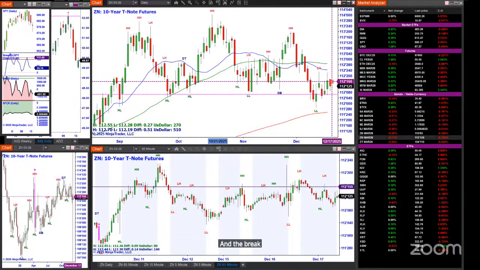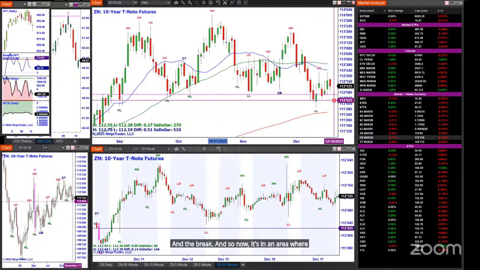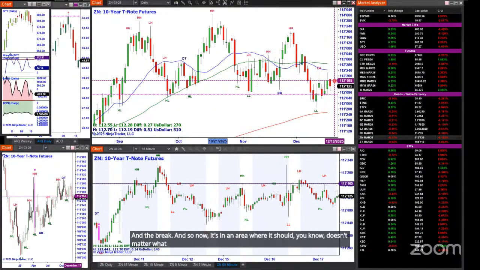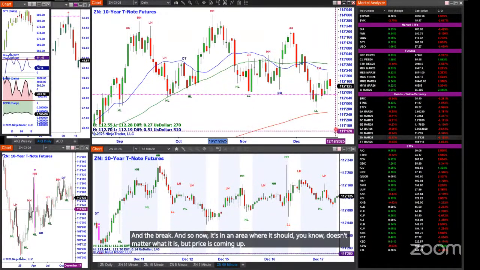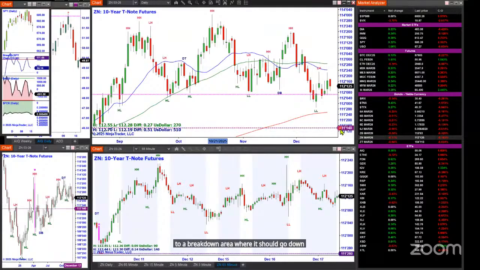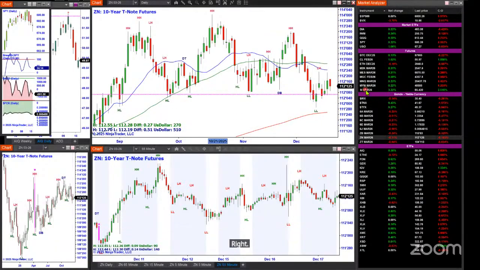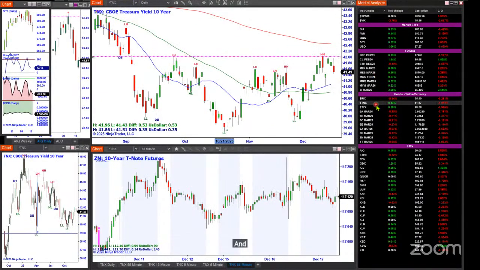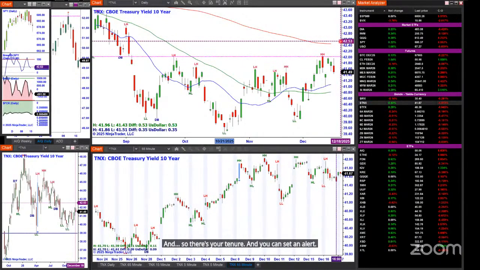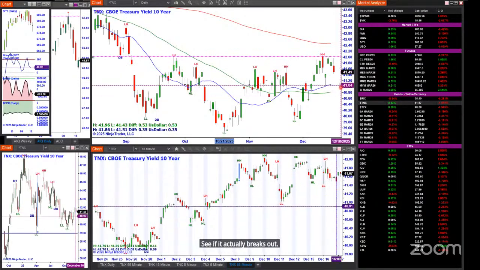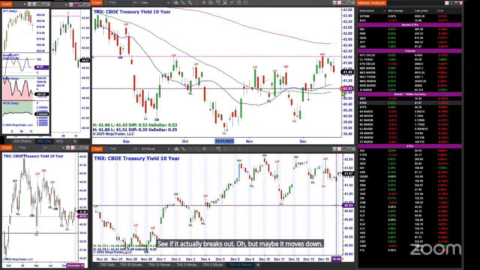And so now it's in an area where price is coming up to a breakdown area where it should go down. And if it does, the inverse relationship is that interest rates will go up. And so there's your 10-year, and you can set an alert and see if it actually breaks out. Oh, but maybe it moves back down to the congestion area.